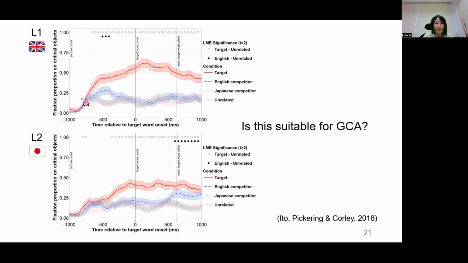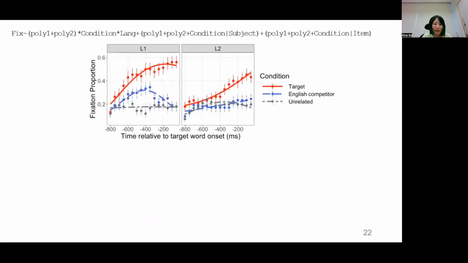So this is when the pictures appeared, right? And obviously you can't really move your eyes that quickly in response to the spoken stimuli, right? So it explains why nothing is happening in the early windows. And in this study, we are looking at predictive effects. So we're interested in whether participants predicted the target. So we only took the time window before the target onset. Okay. So that's why we have this time window.